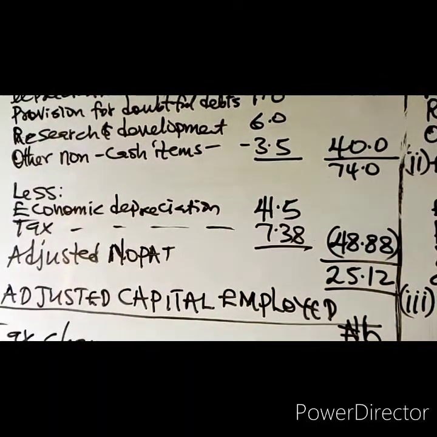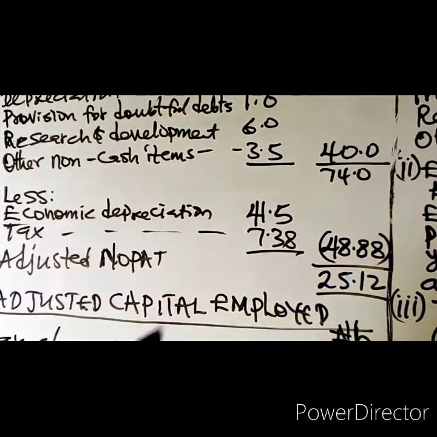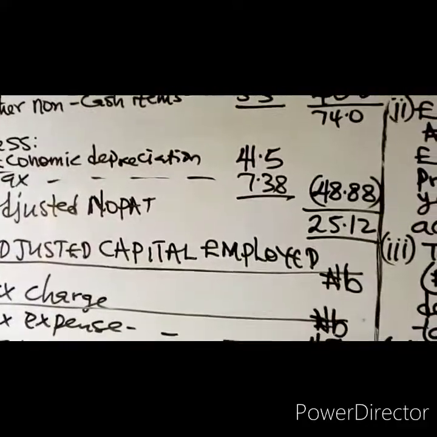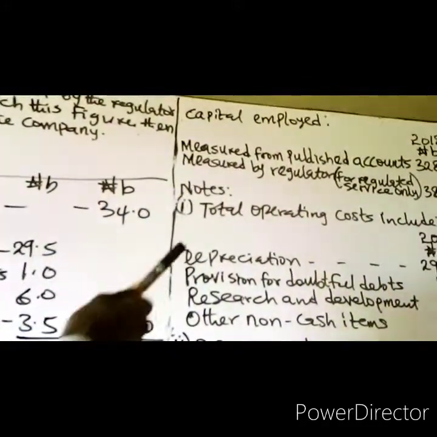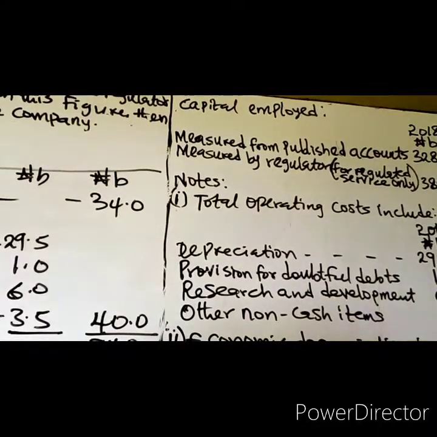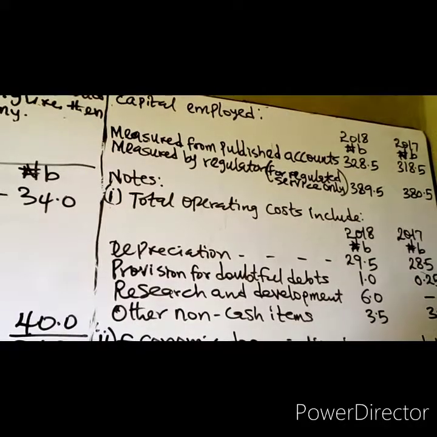You are computing EVA for 2018. That means the capital employed for 2017 should be used. So you go back to where you have the capital employed, capital employed measured from published accounts.